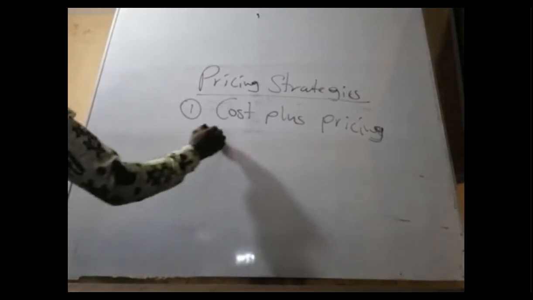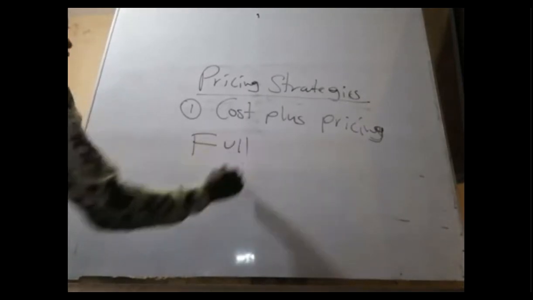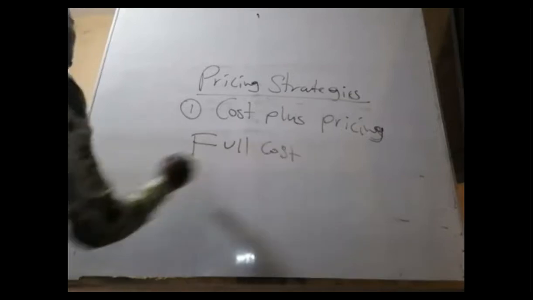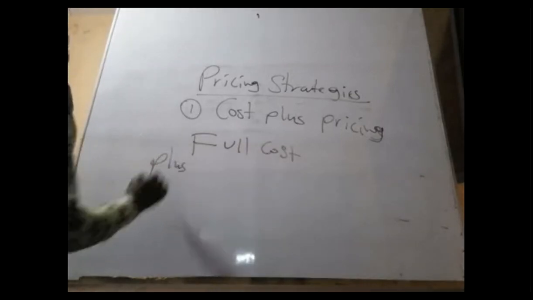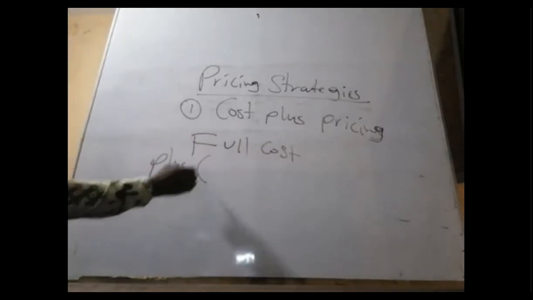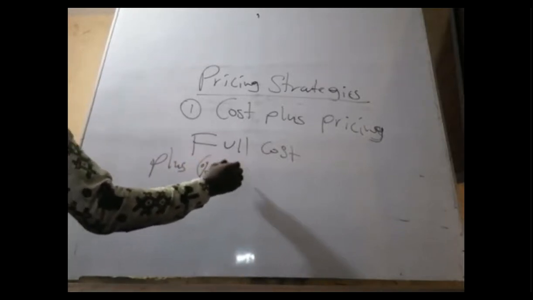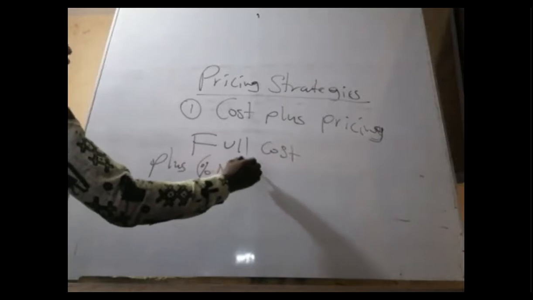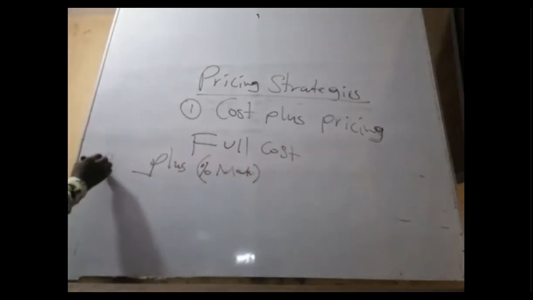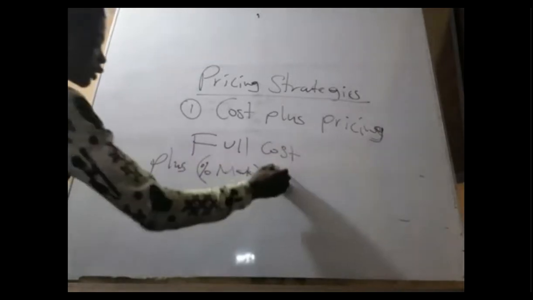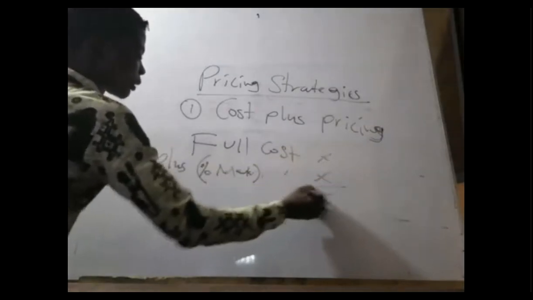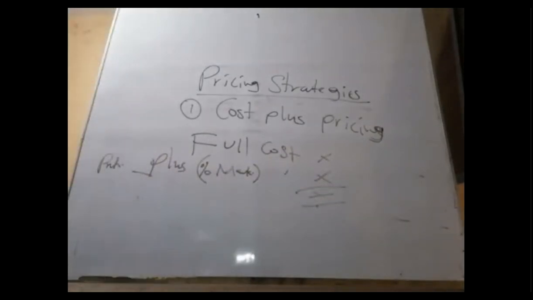So first of all, you get the full cost plus the percentage markup, and that is the profit. This becomes the selling price. That's the definition.